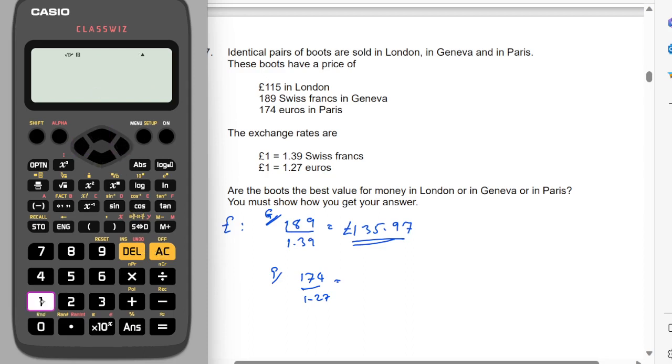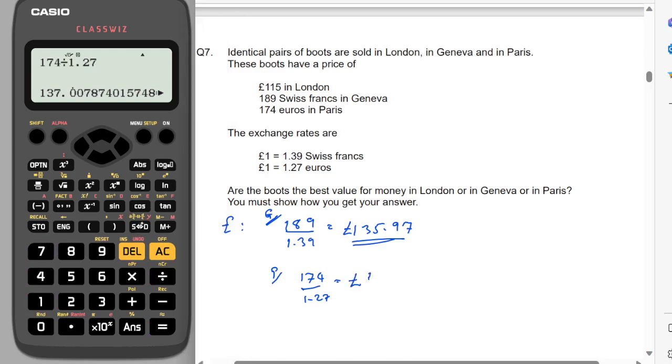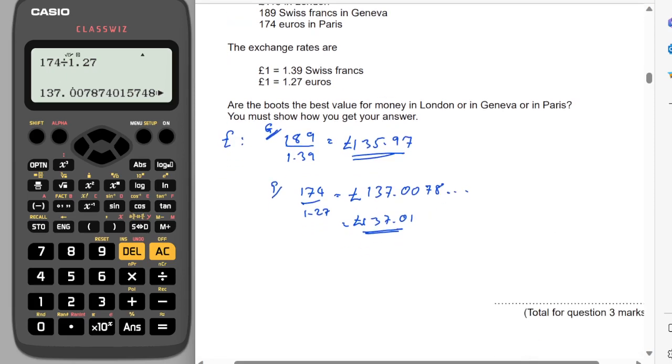Start again. 174 divided by 1.27 gives me a value of, that's more like it, £137.0078... So I'm going to go £137.01. So London is cheapest.